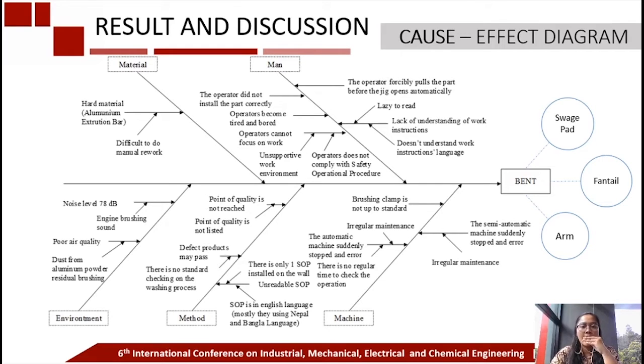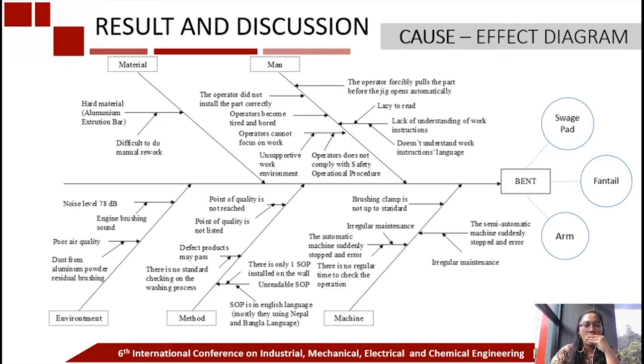So this is the cause effect diagram. The causes of the bend in arm, fan tail, and swag pad come from man, material, machine, method, and environment. So from this cause effect diagram, we know the causes of this defect.